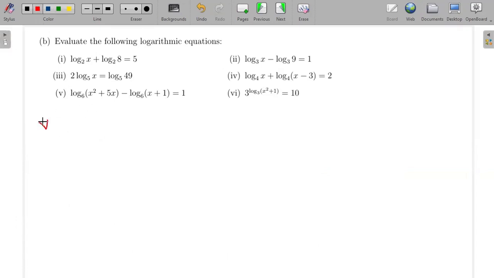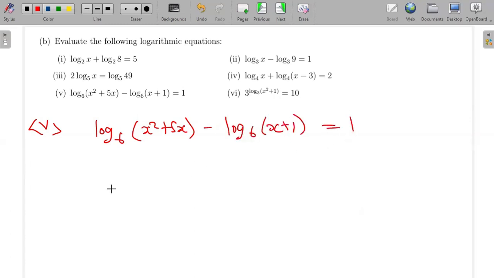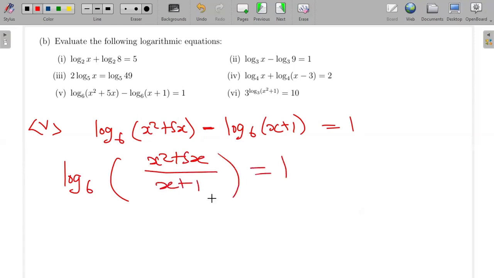So we have log base 6 of x squared plus 5x, minus log base 6 of x plus 1, is equals to 1. So same bases, and we're subtracting. So meaning we're just going to write log base 6, and then we divide these things, it's equals to 1.